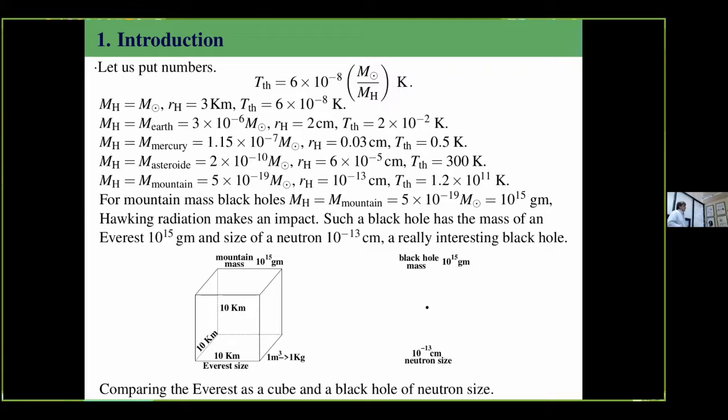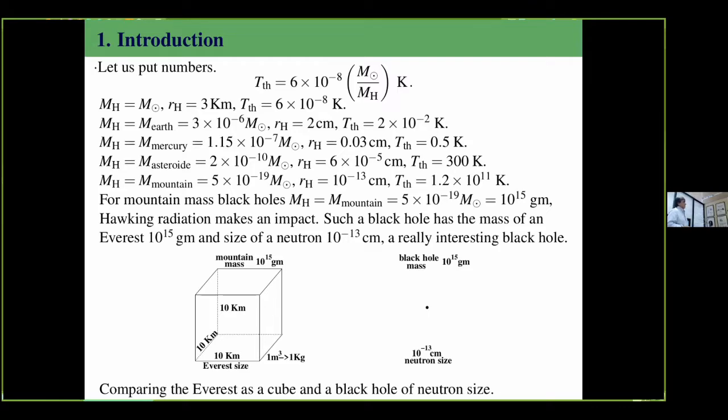You can say, well, and if I have a black hole with the mass of the Earth, then the mass of the Earth is 3 times 10 to the minus 6 solar masses. You get the black hole radius, which is around 2 centimeters, and so the temperature of a black hole with Earth mass is still tiny, 10 to the minus 2 Kelvin. You can say, well, let's do Mercury.